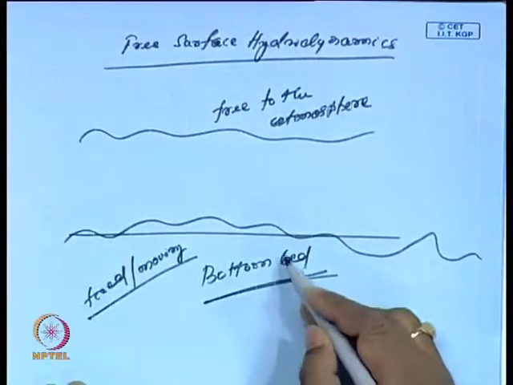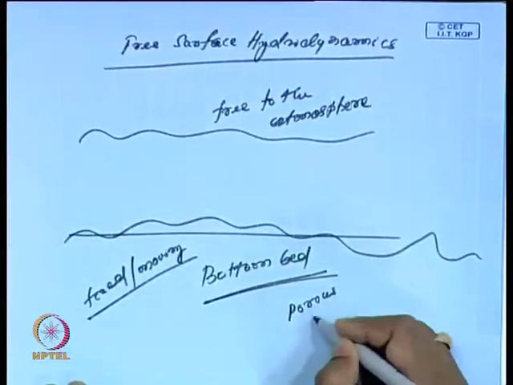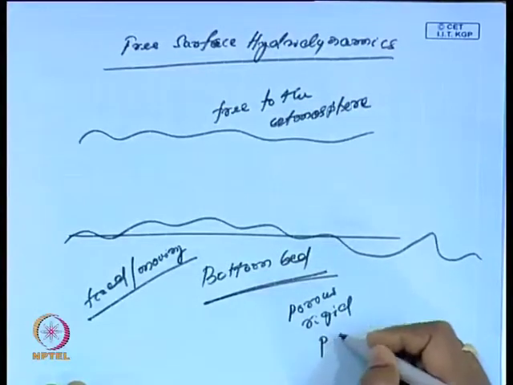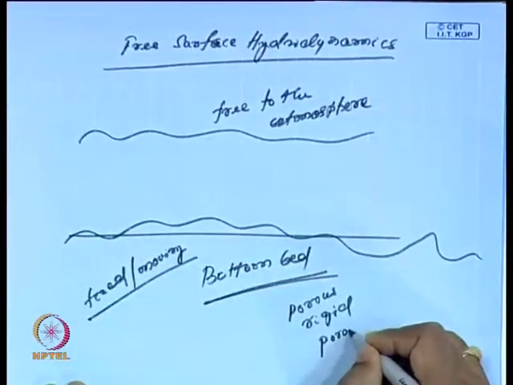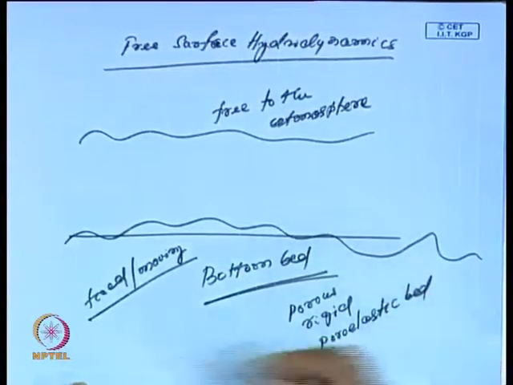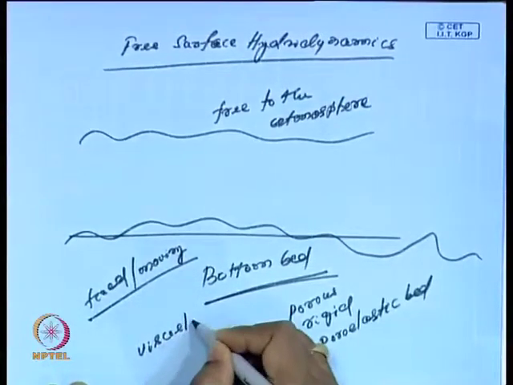The bed may be rigid, porous, sometimes we call it a poroelastic bed, and sometimes we generalize the sea bed as a viscoelastic bed.